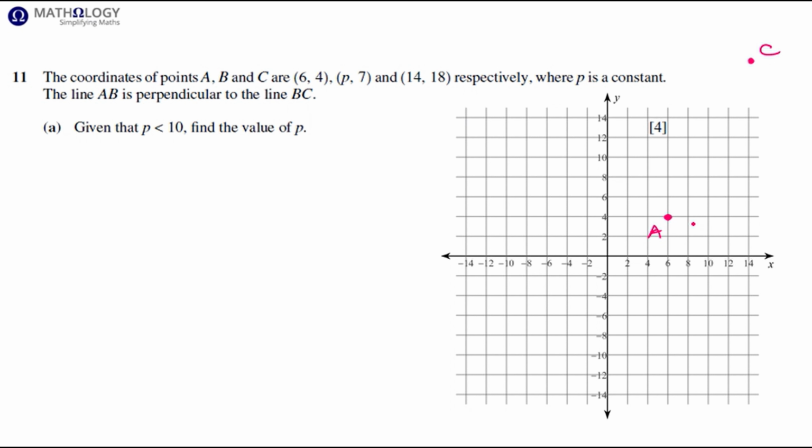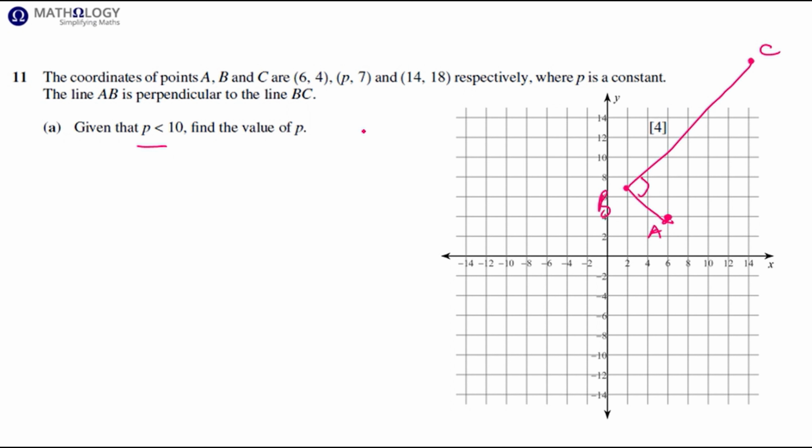Because AB has to be perpendicular to BC. AB, BC, we're going to have something like this. Right? And it's not going to be there because P is less than 10. So let's say that B is there then. Right? And that does look like it could be perpendicular.